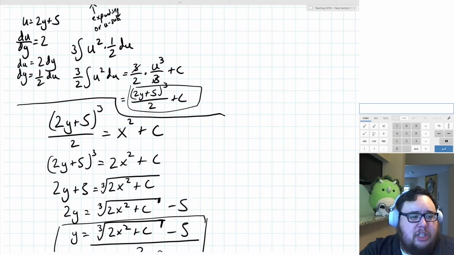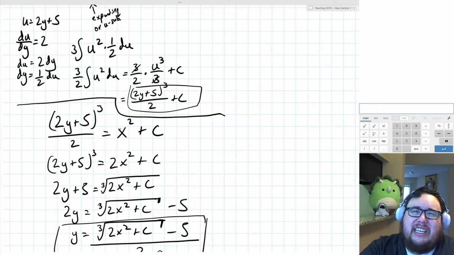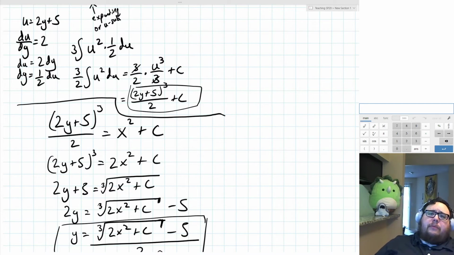But since c is sort of a generalized constant, we just keep using the same c over and over again. Any resource you find for differential equations will do this and basically not mention it at all, so I think I would be doing a disservice not to mention that this happens. Okay, cool.